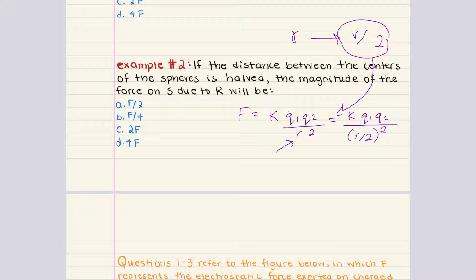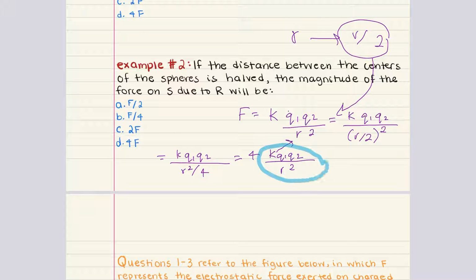Now, if we expand on this, this is going to look like K Q1 Q2 divided by R squared over 4. Now, in the denominator, we have R squared divided by 4. This is alternatively written as 4 multiplied by K Q1 Q2 divided by R squared. We notice this part of the expression is just Coulomb's law, and it's multiplied by a factor of 4.